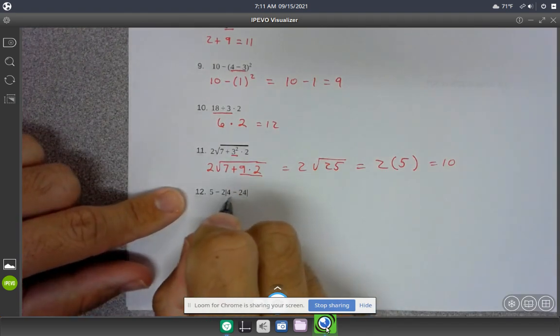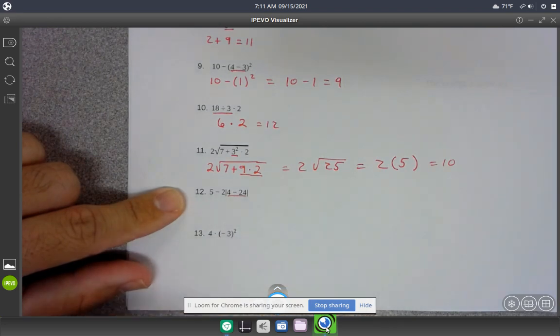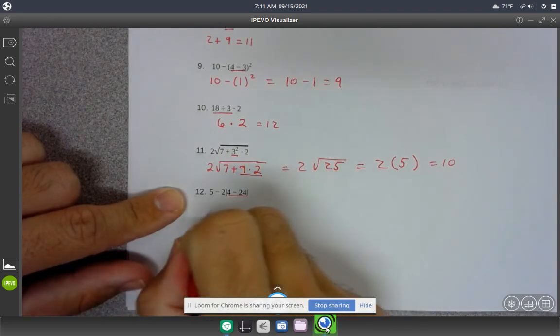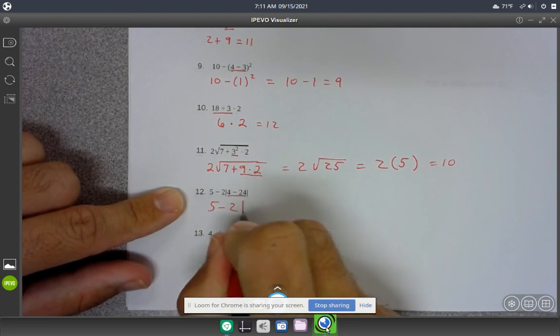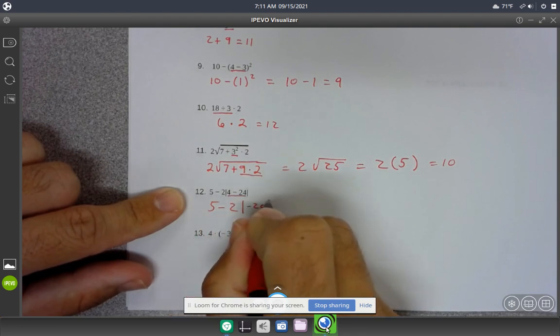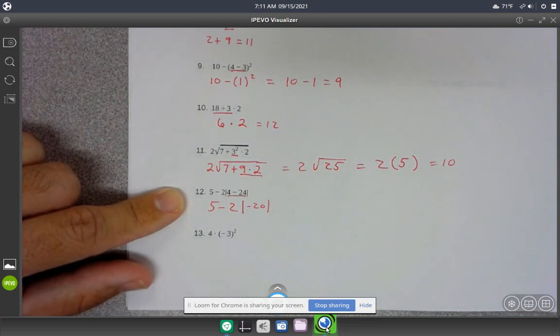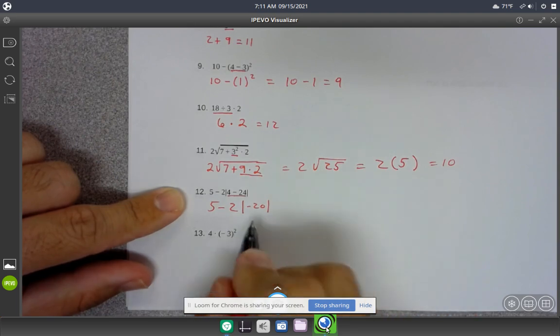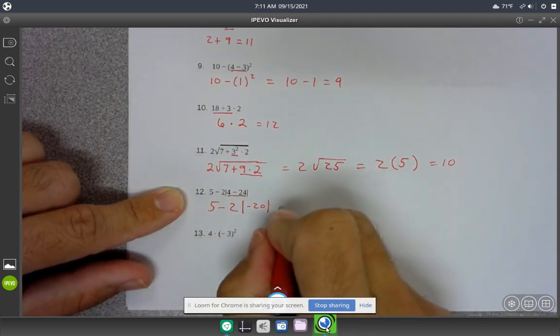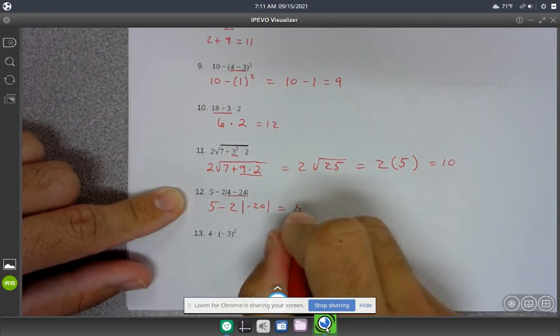All right, number 12, we got some absolute value bars. So these are going to act like parentheses. So let's do everything inside there first. 5 minus 2, absolute value of negative 20. All right, we got to finish off the absolute value bars. We actually have to apply the absolute value. The absolute value of negative 20 is going to be positive 20.